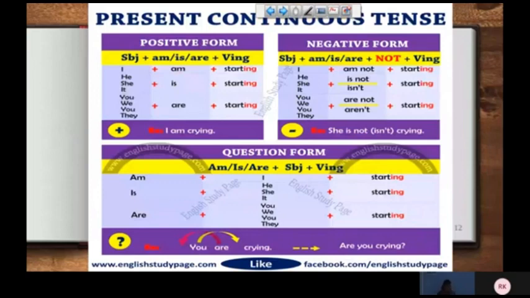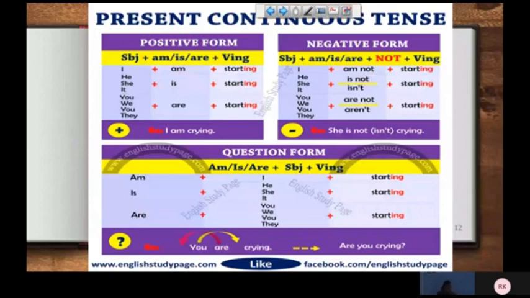I am starting. If we're using the third person, which is he, she, or it, in singular, we will see that the form of be there will be is. And then finally, if we're using second person or first person plural, or third person plural, you see that we use are. So we are, you are doing this.